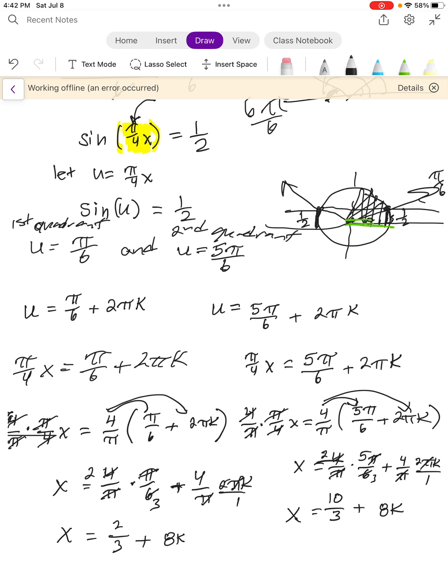Now to find the 4 smallest, the first one is going to correspond to k being 0. That's plus no revolutions. So our first answer is 2/3, our second answer will be 10 over 3. So let me back up and do this more clearly.